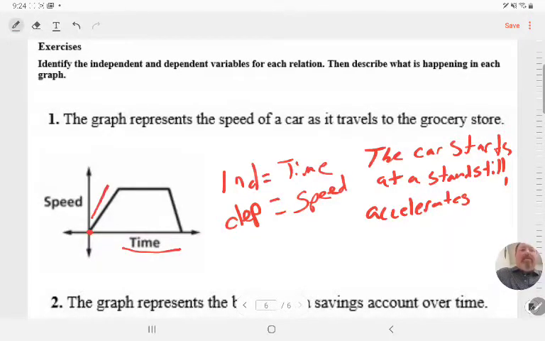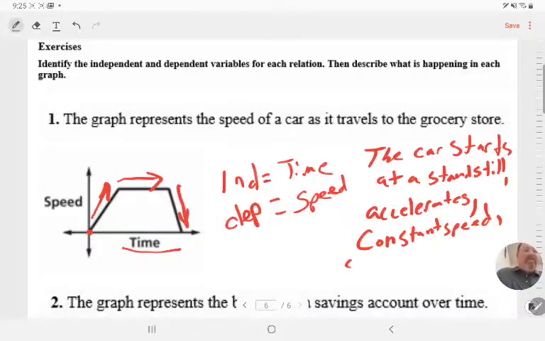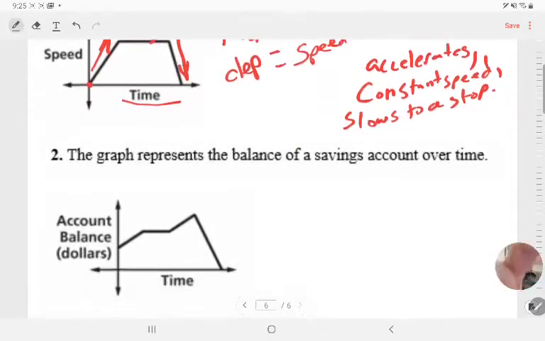That would be this part. Okay. Then it travels at a constant speed for a while. So constant speed. That would be this part. And then it slows down to a stop, which would be this. Slows to a stop. Okay? All right. Number 2.